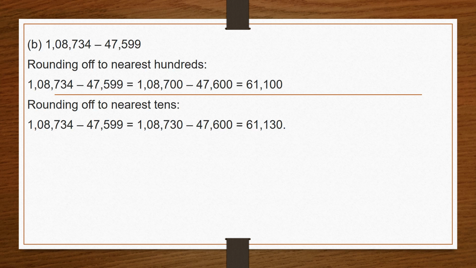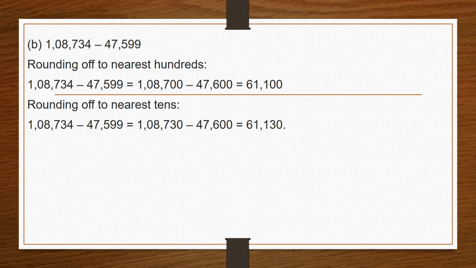The next part is 1,08,734 minus 47,599. Rounding off to the nearest hundreds, you have to see the tens digit. So in 1,08,734, the tens digit is 3, so this number is rounded down and it will become 1,08,700.